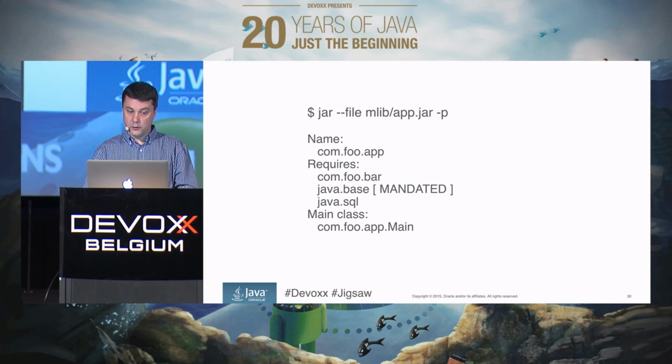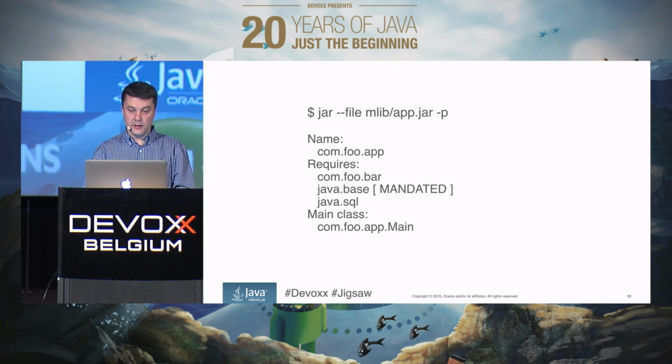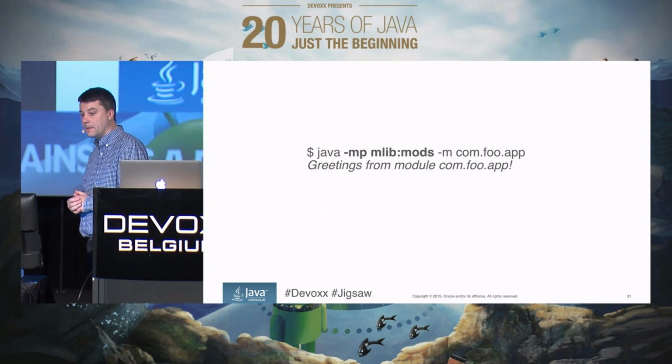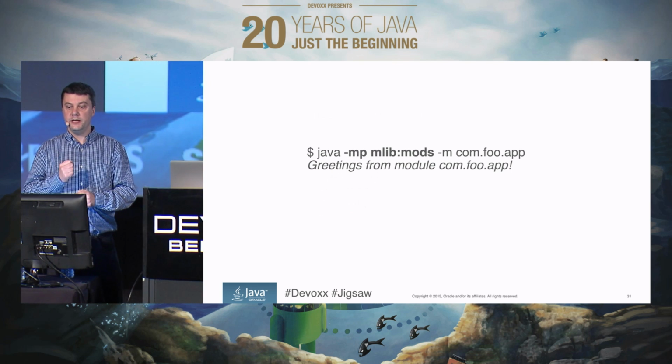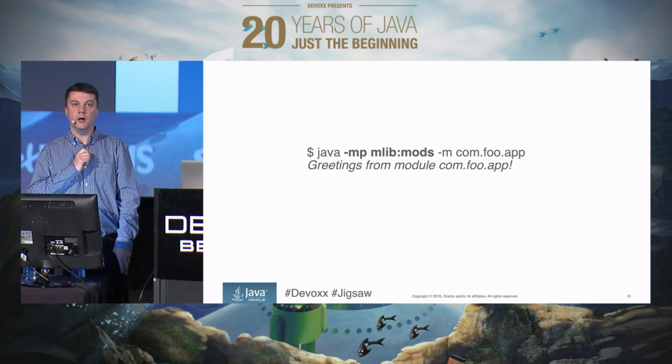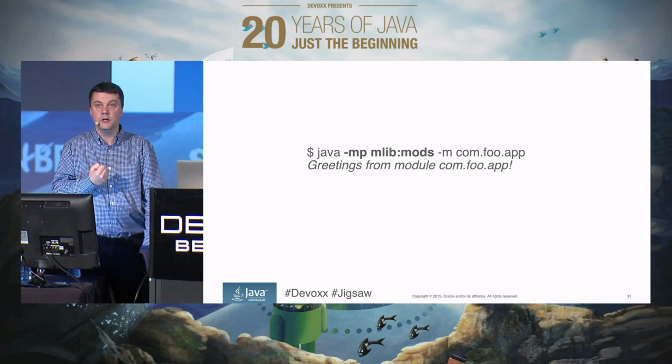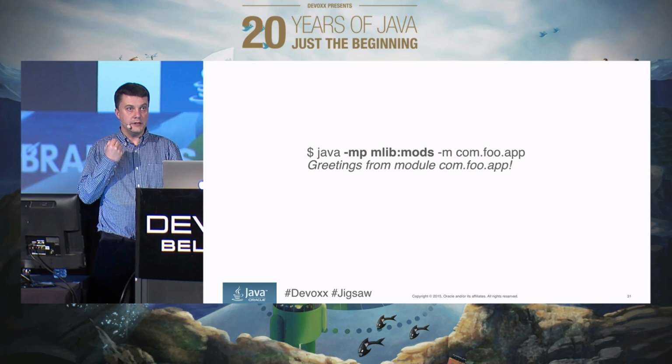Now let's go back to our launch command, our java command, and see how it works when we've packaged our module as a modular jar. It becomes a little bit simpler. java -m is specifying just the module name. I'm no longer needing to specify the main class. This is a bit like java -jar, except we're dealing with modules now. This is a packaged module. It has a main class.